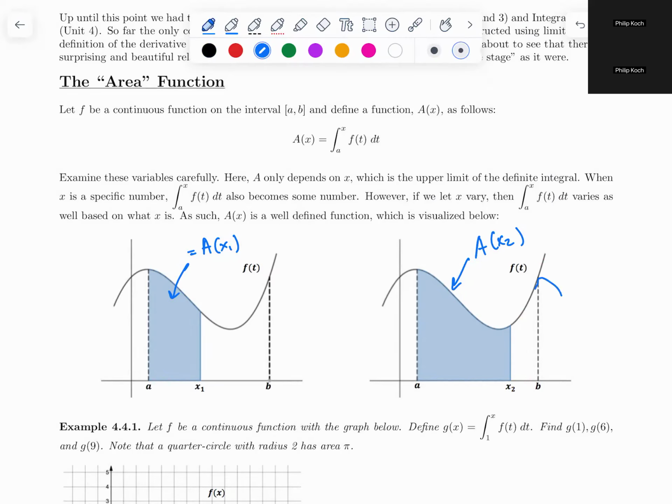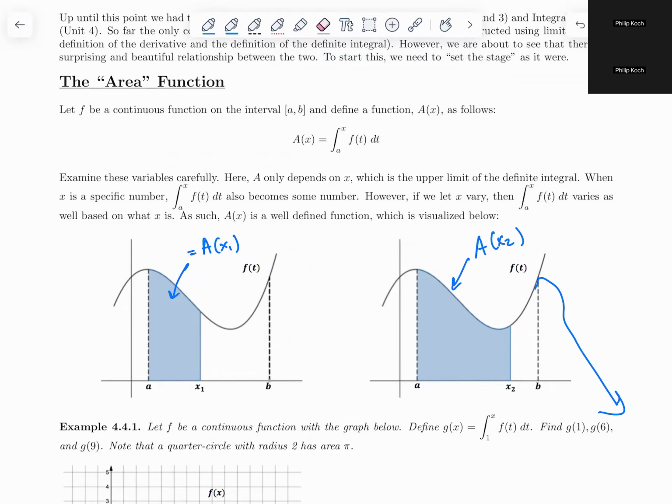If this function started to decrease, then at a certain point we'd start adding negative areas, and then it would start decreasing in size. So there's a connection there that I want you to think about. This function can increase or decrease depending on what f of t is, depending on how everything shapes out to be.